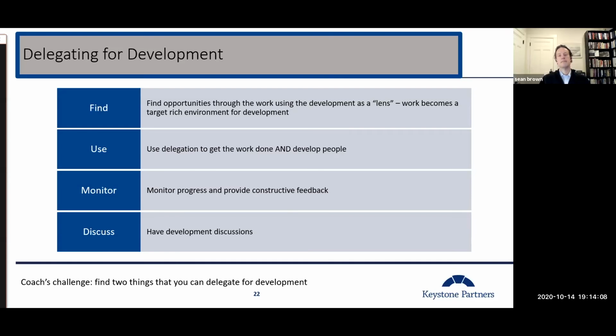That light is coming through in different colors. It's getting bent. You can find opportunities in many assignments that you'd normally just delegate. Then, of course, you've got to monitor it, see how it went, and maybe discuss and have some feedback. But if you can shift your delegating to delegating for development where appropriate, that's a great way to do it.